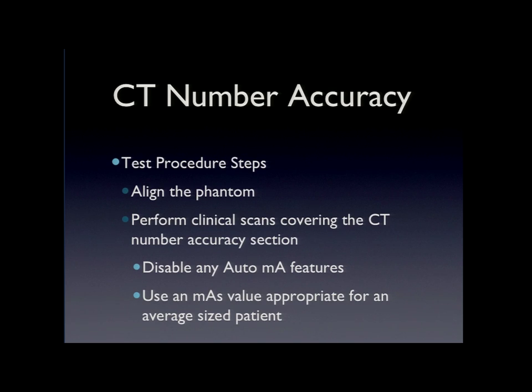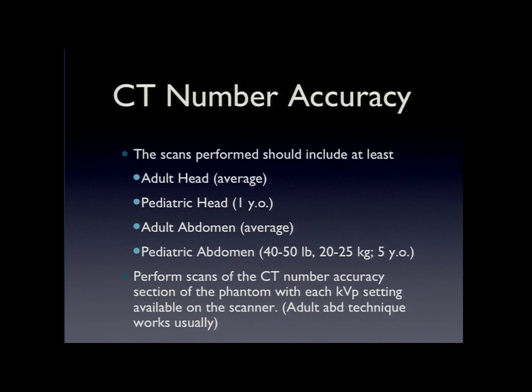Align the Phantom, perform all of the clinical scans that you do for CT number accuracy, and disable all of those factors that I said. You get rid of the mA, auto mA, and all of the reconstruction algorithms that may interfere with that. And just use the average mAs that would be for a patient.